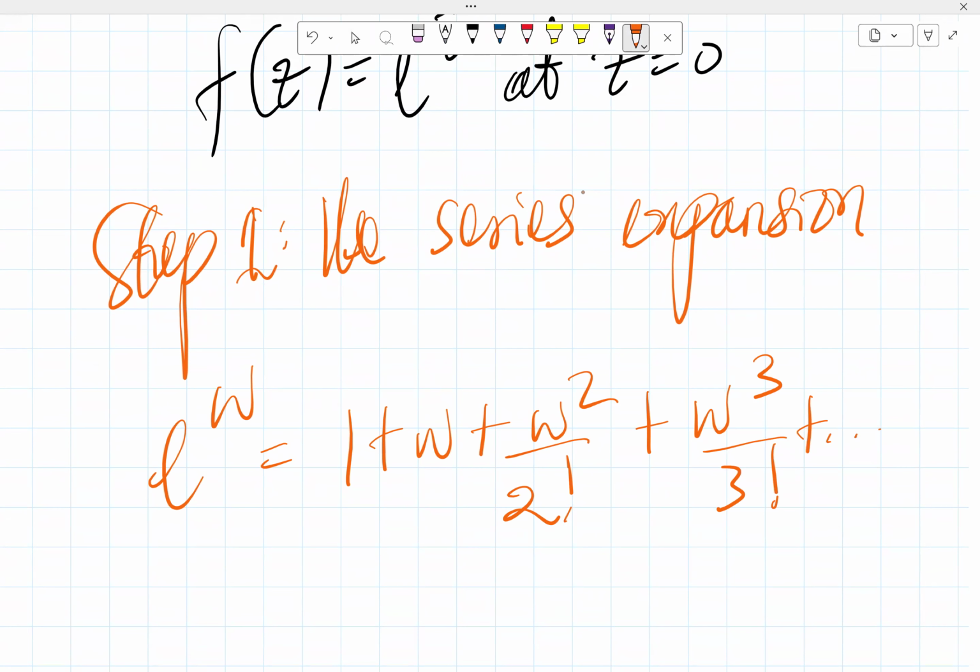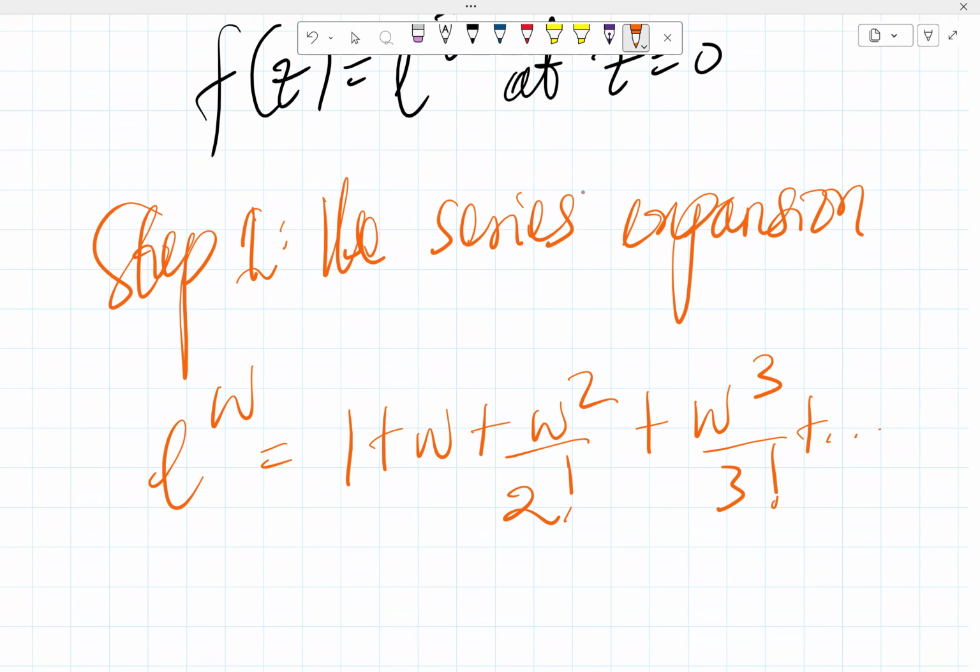We are doing this because this is e raised to 1 over z. Since we already have e raised to w, we can let w be 1 over z. So e raised to 1 over z is equal to, anywhere you see w, put 1 over z.